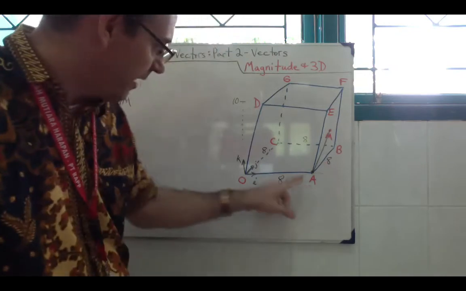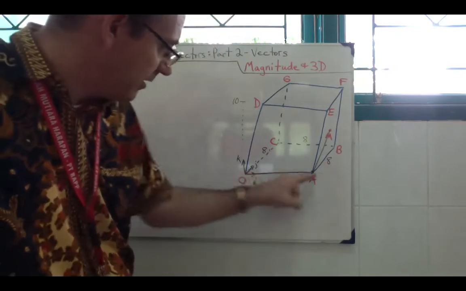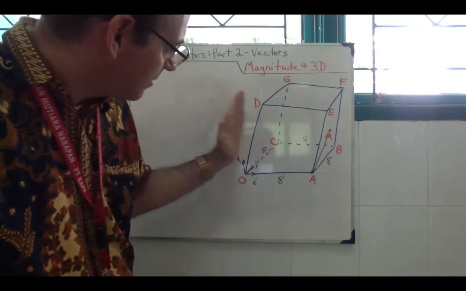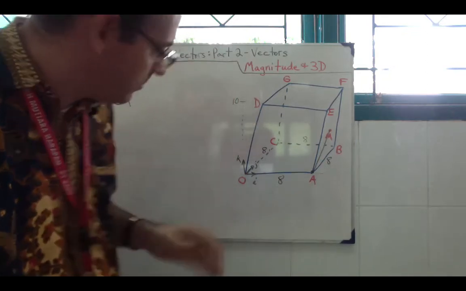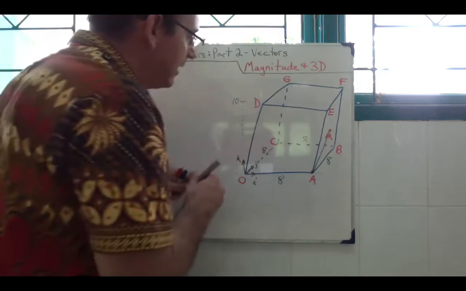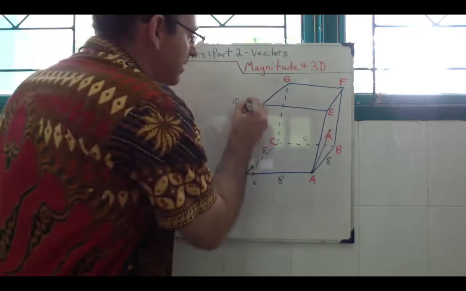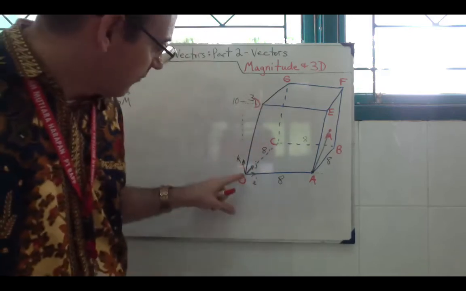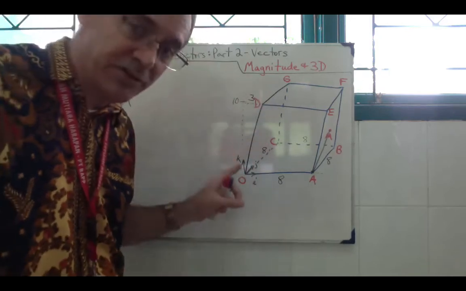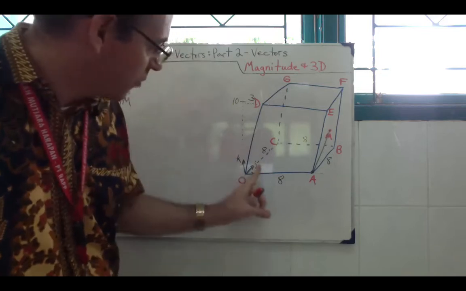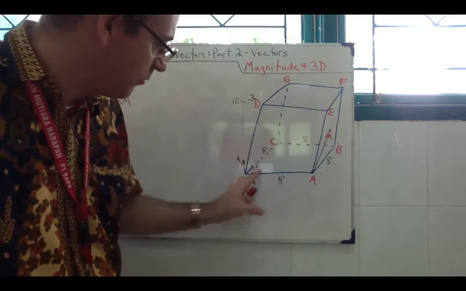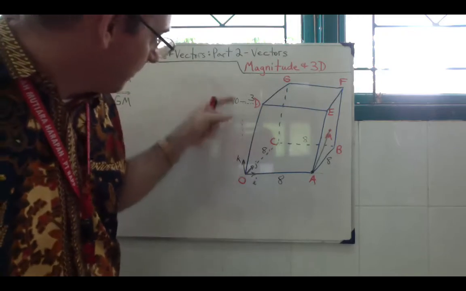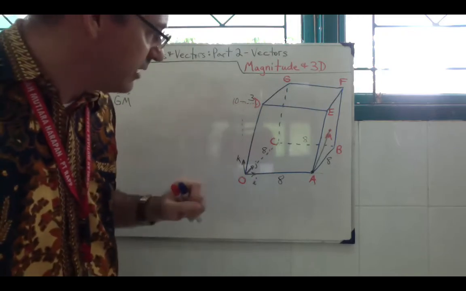Well, remember your A is already lined up here directly with the origin, but this diagram has been tilted in, and it's been tilted in 3 units. Because remember, from O to D was 3I, so that means over 3 and up 10. So from the vertical, this is 3 units over.